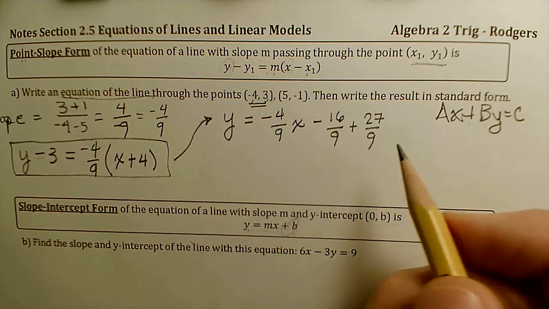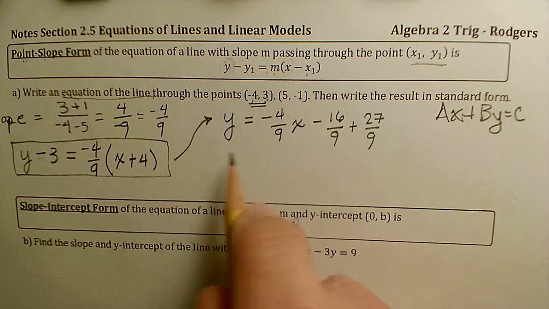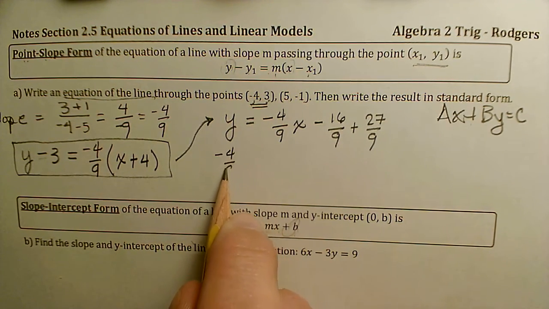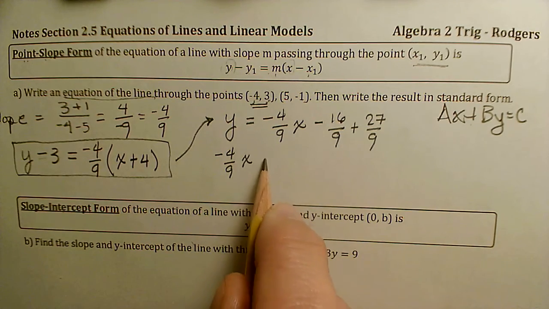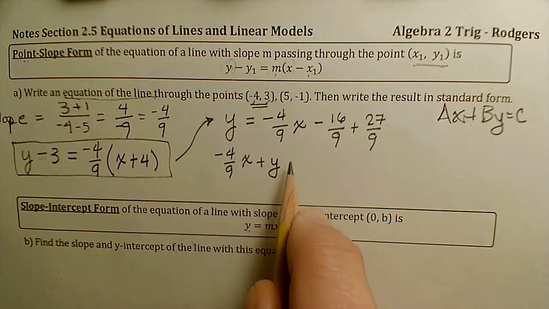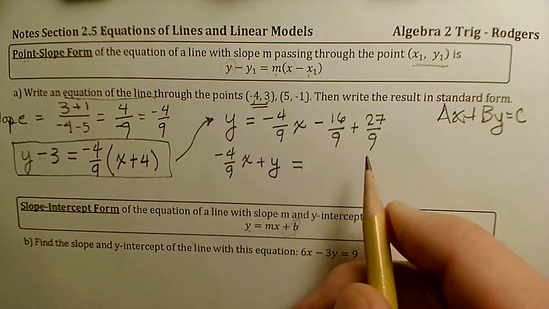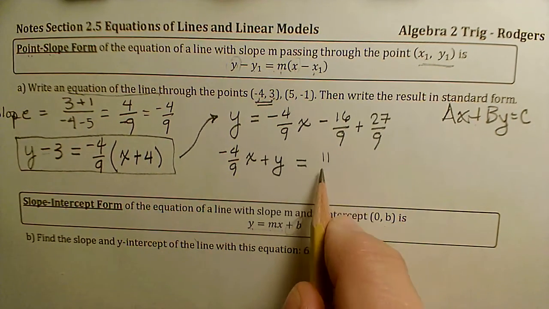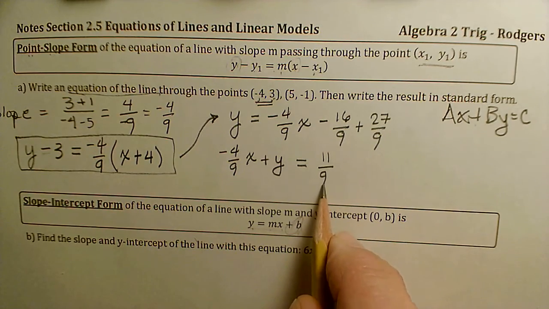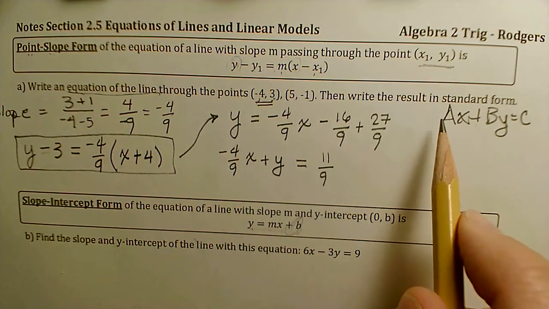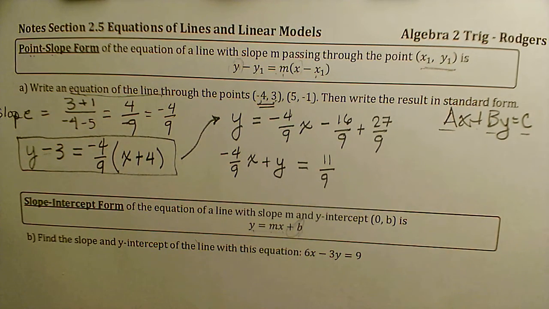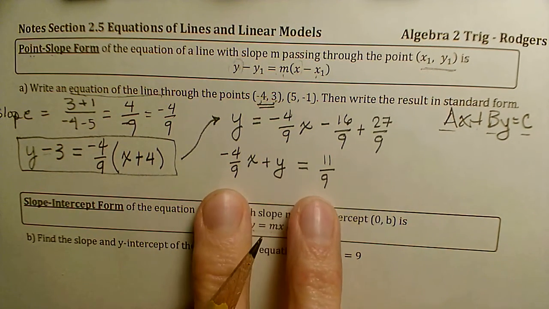All right, and then I'll bring this x term to the left. So we have negative 4/9 x plus y equals, and when I combine these things, I should get 11/9. All right, and then really your A, your B, and your C should be whole numbers. We don't really like them to be fractions.